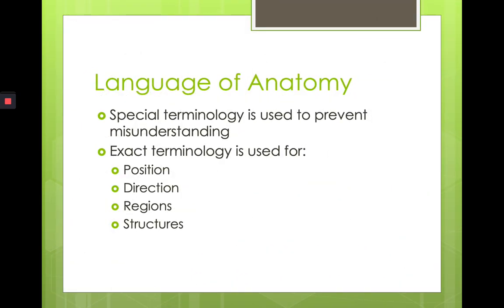Because in anatomy, we learn special terminology, and therefore there's no confusion about what part of the body we're talking about. That's really important if you have a couple of surgeons or doctors working on you and they're trying to communicate with each other where to make the incision or where the problems are. You want to be sure that they're both thinking about the same exact part of the body.